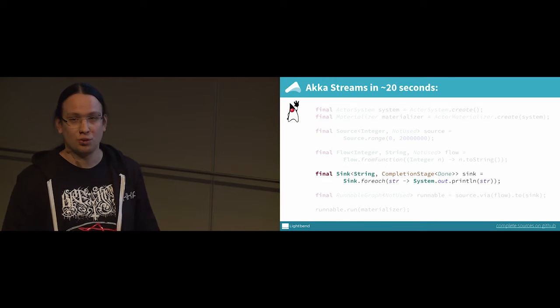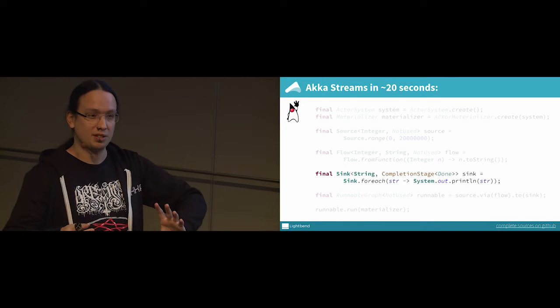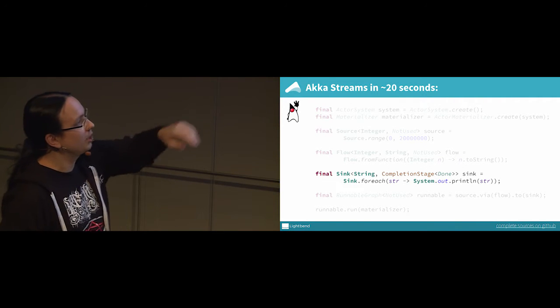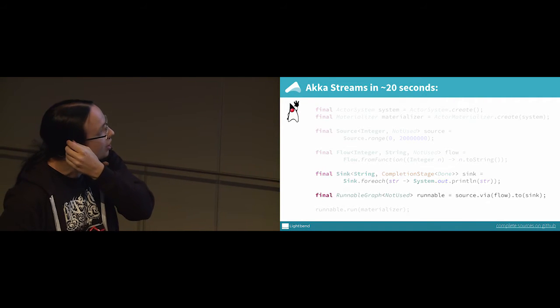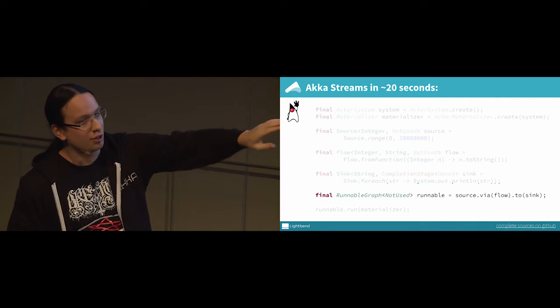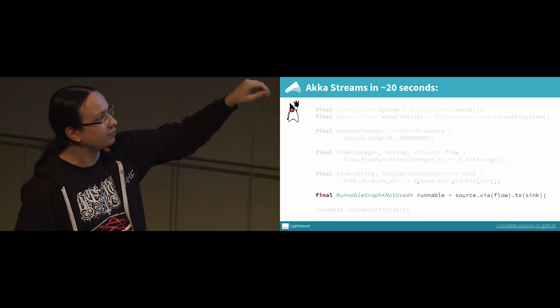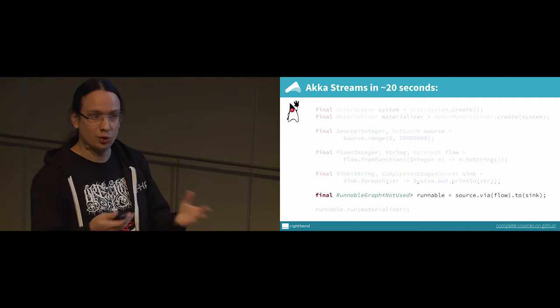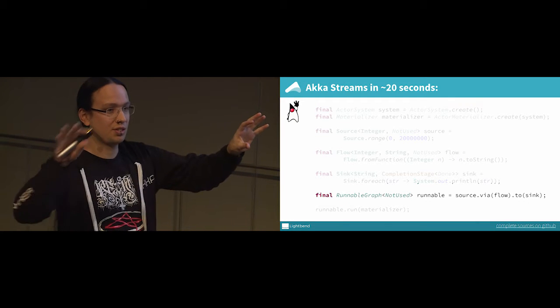There are things that you want the stream to generate when you actually run it, right? Sorry, I'm doing this ahead of time a bit. So actually, we combine these three, the source with the flow and the sink, and we get a runnable graph. It's still not running. It's still a blueprint. So it's like these three stages connected.